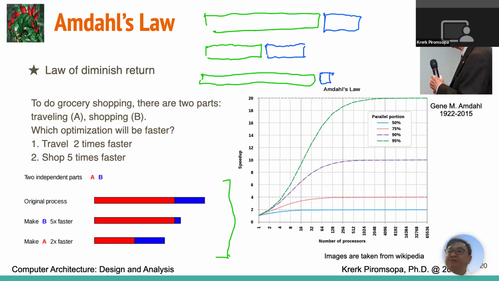Quick shopping, run and grab things. So this is twice faster. This is 5 times faster. You see the result. Which one is better? Right? And technically speaking, just making it twice faster should be easier to do. Not always, but it should be easier to do.